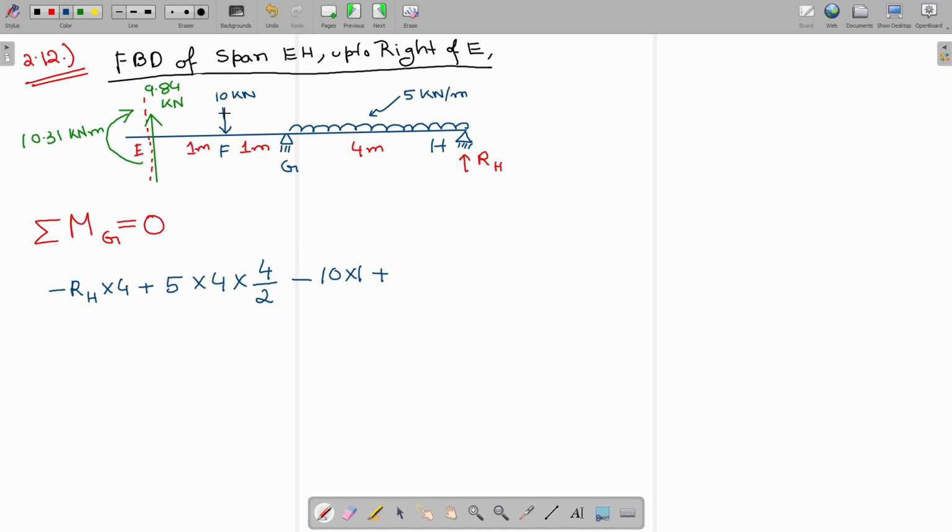Okay, so this is now minus, this is 10 into 1, plus, this is the load acting in the anti-clockwise direction into 1 meter away from it.